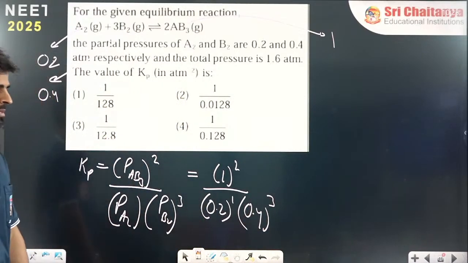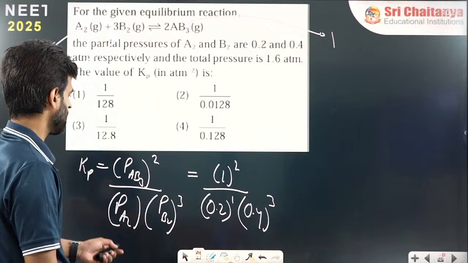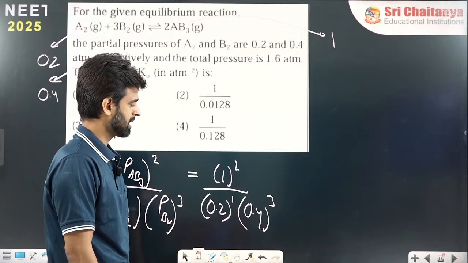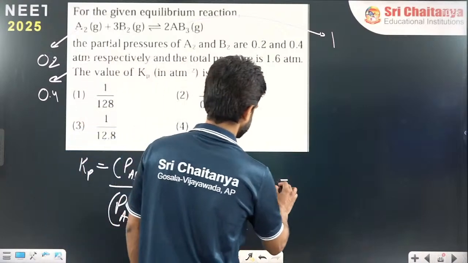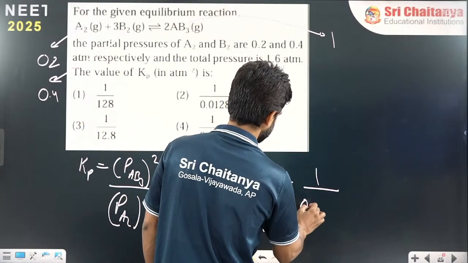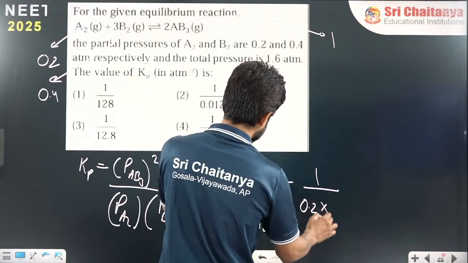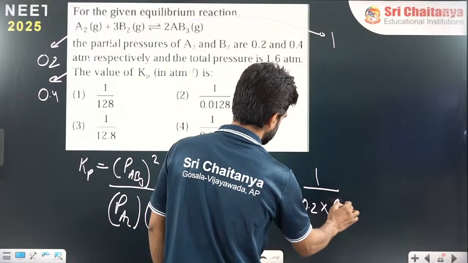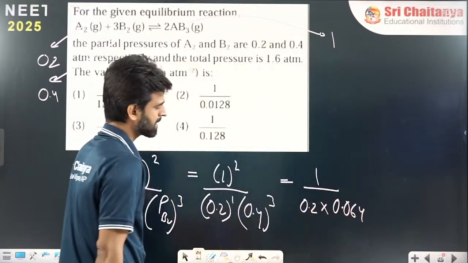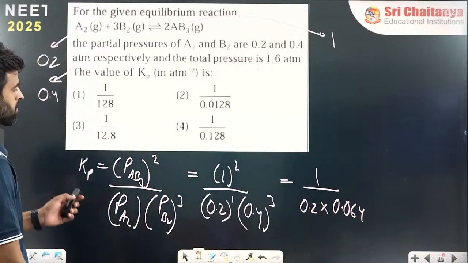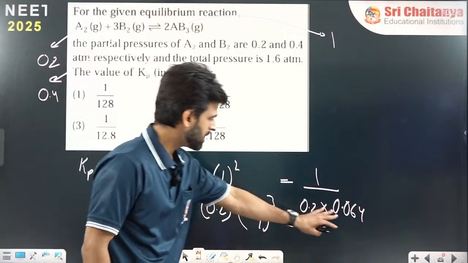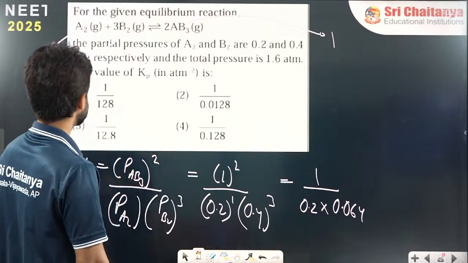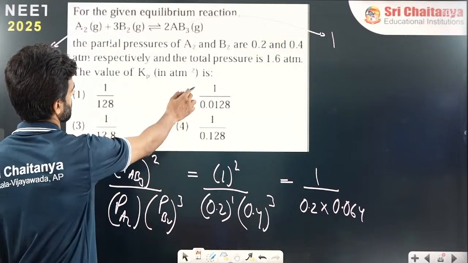So easily you can find from here, right? 0.4, 0.4, 0.4 will come from here, and it is giving 0.064. You multiply here, easy to get. From here 3 decimals, here 1 decimal, 4. So 128, so 0.0128. Okay, second answer.